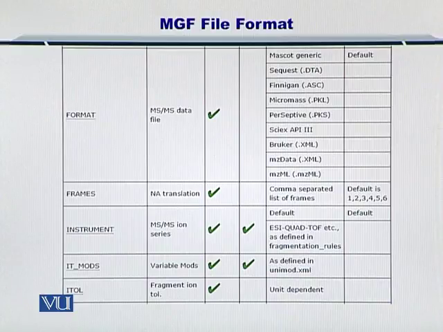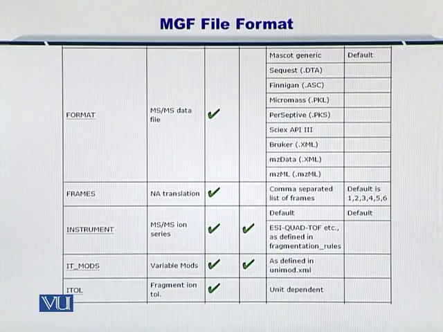Next, you have the frames, you have the instrument, and of course you can specify each one of them yourself. And there are some other variable modifications that you can specify, the fragment ion tolerance. All of these parameters you can set up in your MGF file that is output from the Matrix Science Mascot search engine.